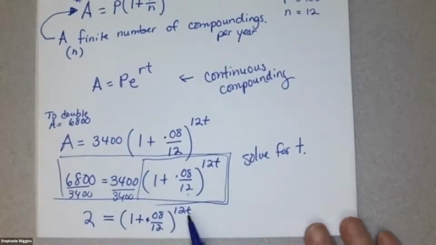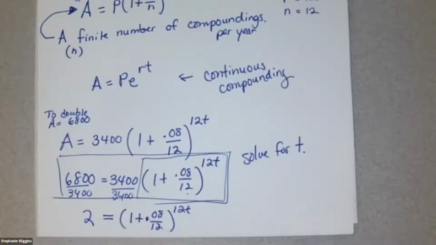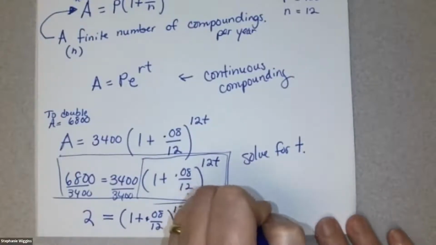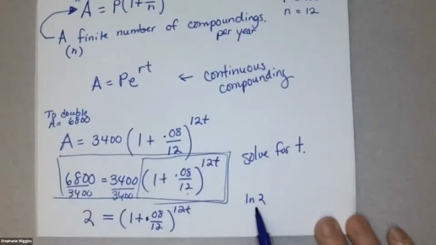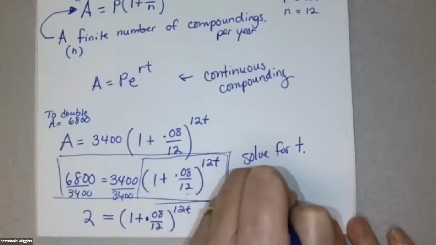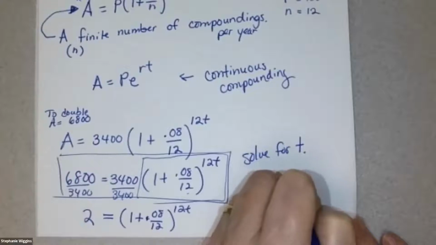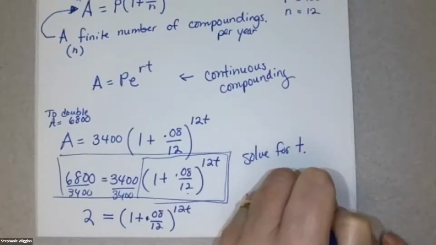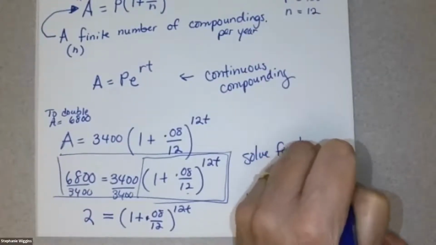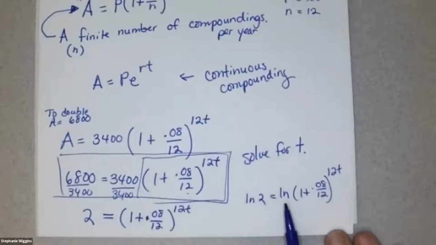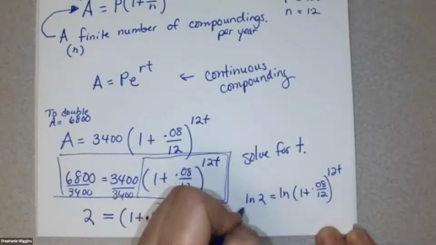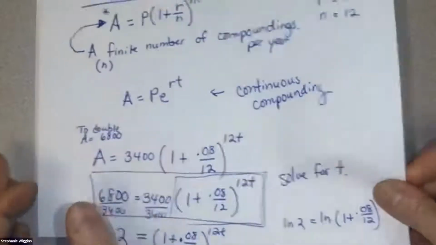Now, how am I going to get that variable out of the exponent? Well, you're going to take the natural log of both sides. So you get the natural log of 2 is equal to the natural log of (1 plus 0.08/12) to the 12t. Now, by taking the natural log here, this 12t, I can bring it out front. I'm running out of room, so I'm going to go on to the next page, okay?